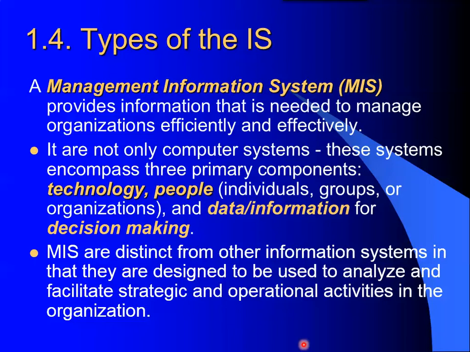Same abbreviation, different meanings. They provide the information needed to manage an organization efficiently and effectively. As I said, it's not necessarily only a computer system. This system comprises components like technology, people, and data and information. So all these tasks could be completed even without a computer, but it would not be very effective in modern times.